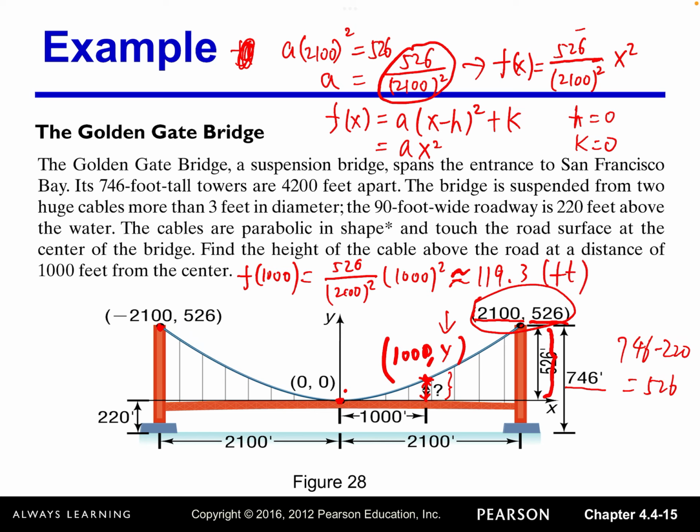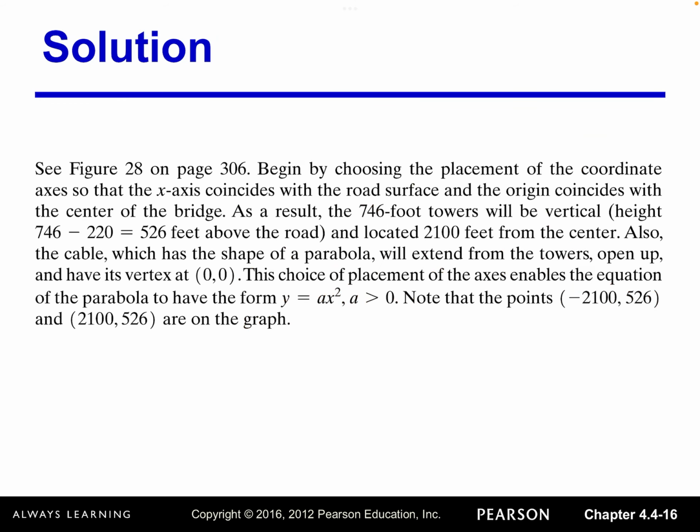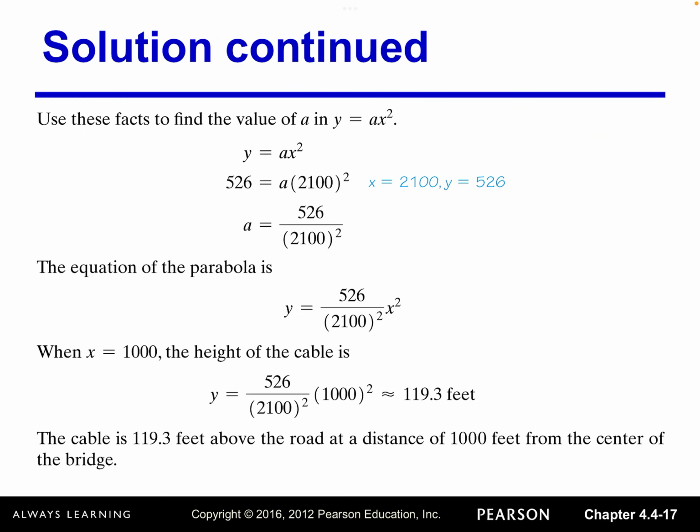My calculator shows 119.27 something. So we can round it off, keeping one decimal, that's 119.3. So now we can answer the question. The height of the cable above the road at a distance of 1,000 feet from the center is 119.3 feet. Okay, and the detailed solution you can see on the next page. It's pretty much the same process.